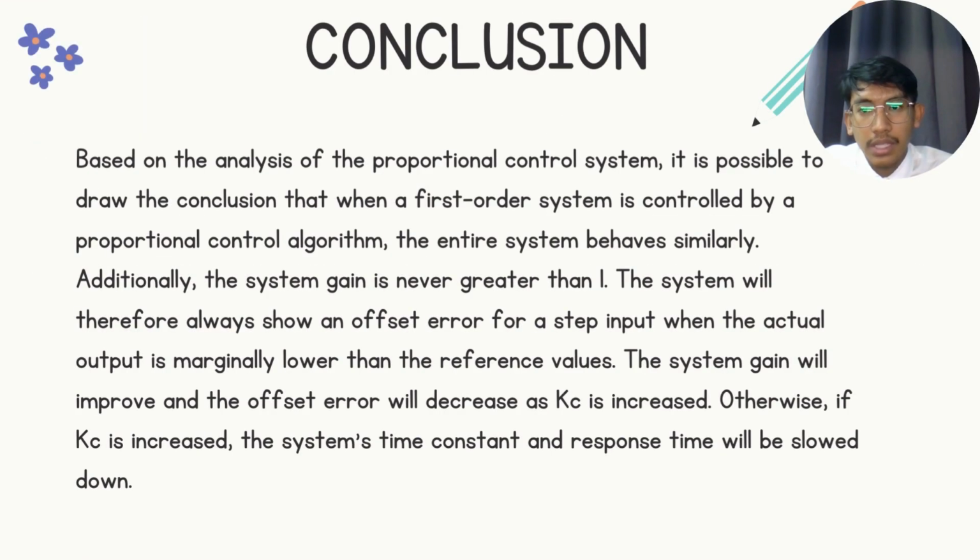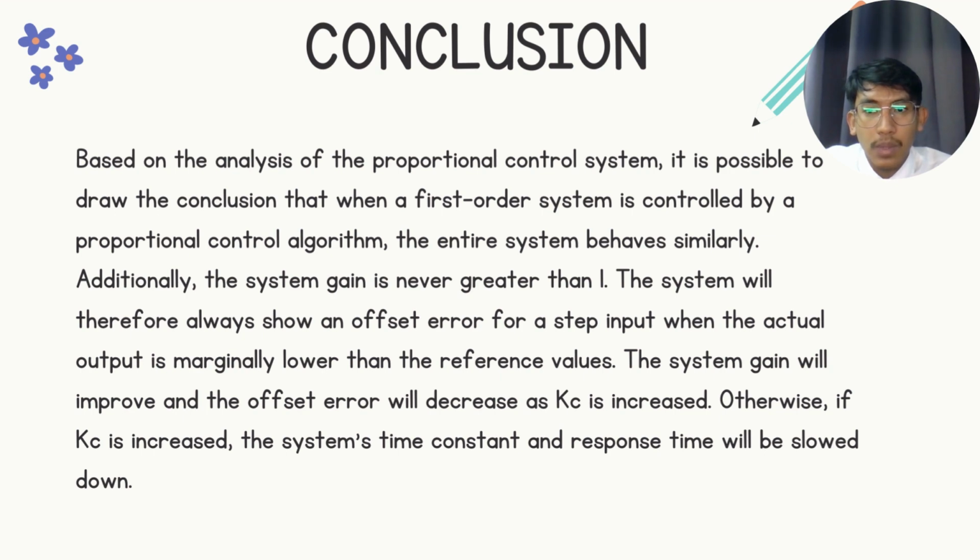As a conclusion, based on the analysis of the proportional control system, it is possible to draw the conclusion that when a first-order system is controlled by a proportional control algorithm, the entire system behaves similarly. Additionally, the system gain is never greater than 1.